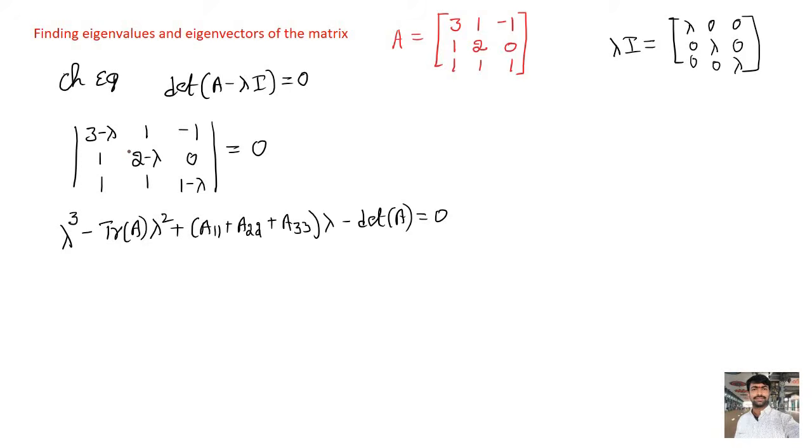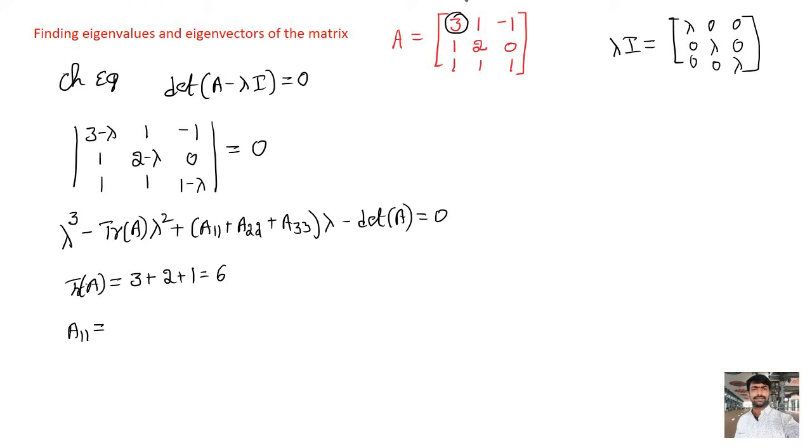So here, trace of A is nothing but the sum of the diagonal entries, that is 3 plus 2 plus 1, which is 6. And A11 is the cofactor of the first diagonal entry.